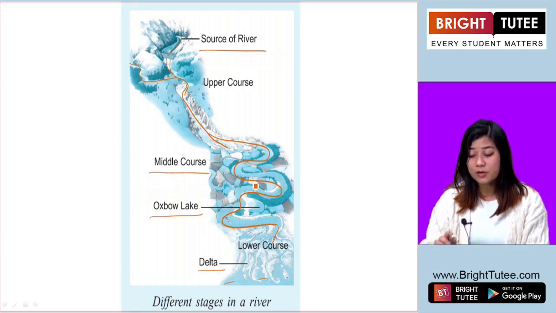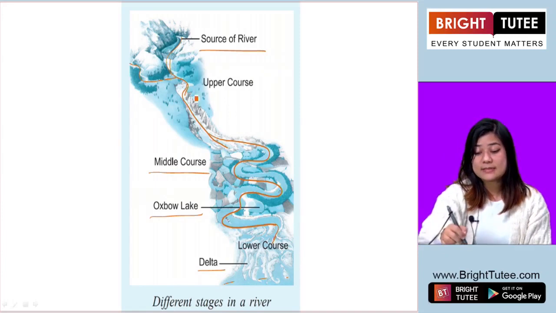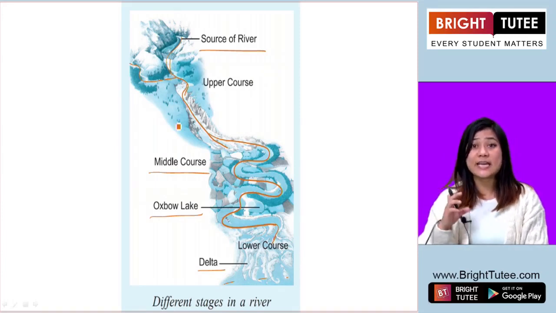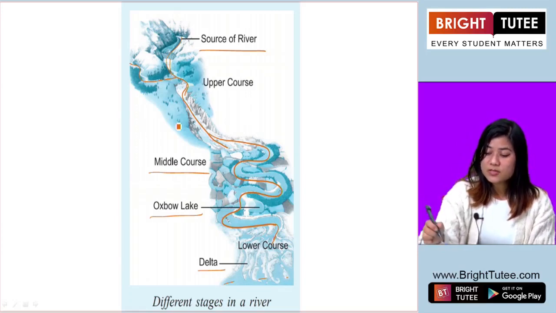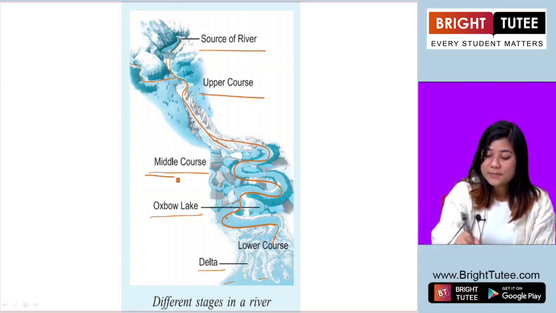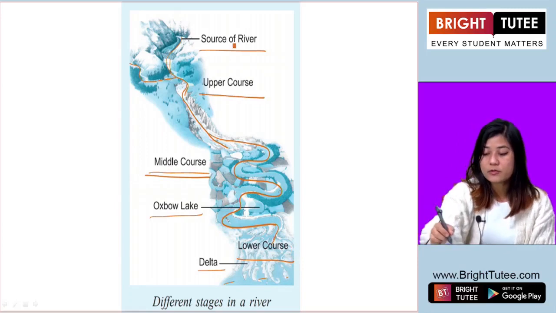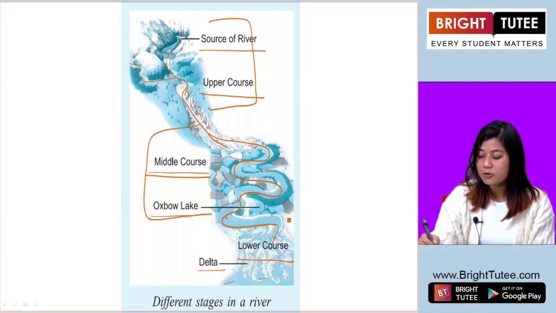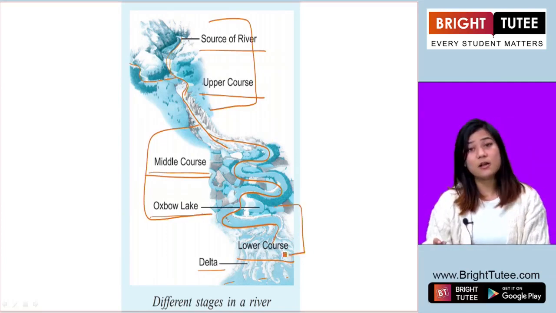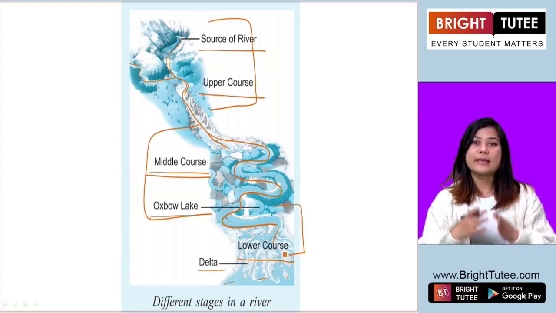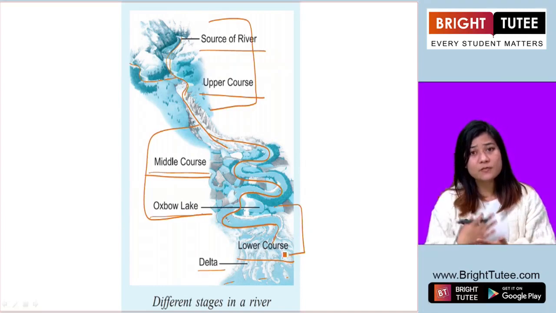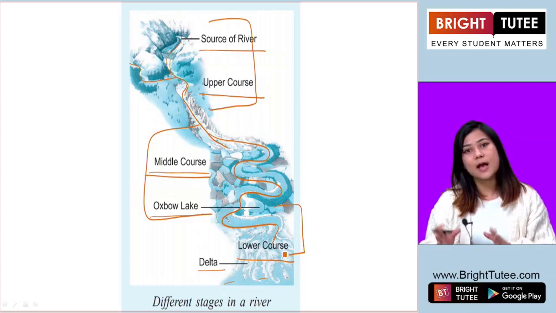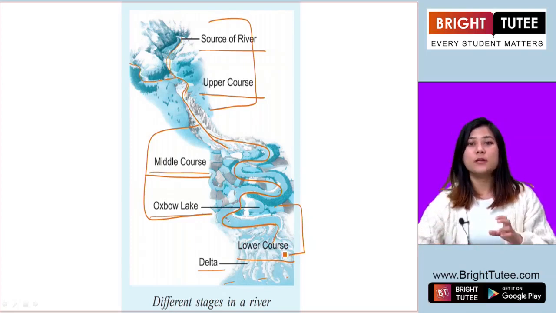Now here we must also remember that as this single river flows, there are various stages. Those are called upper course, middle course, lower course. So this is the upper course, this here is the middle course, and this right here is the lower course. Like everything, even rivers go through stages as they flow.